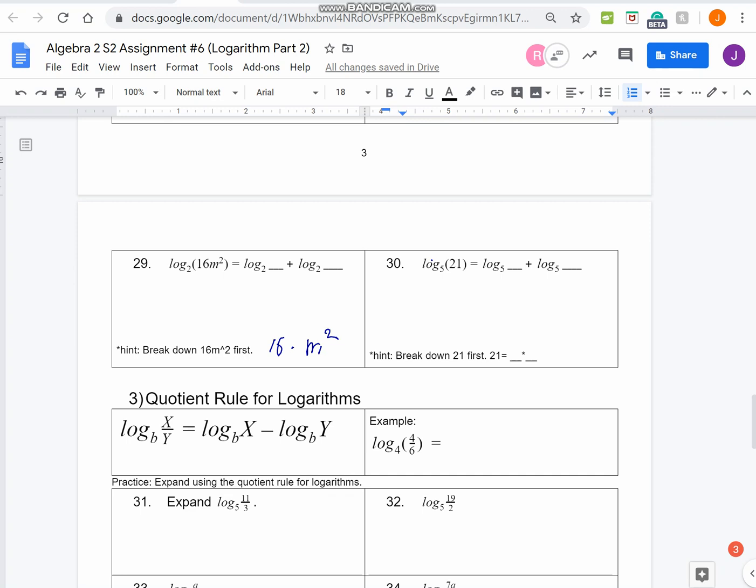Okay, so first thing that I can do is break it down into log base 2 of 16 plus, again, the product rule is plus in the middle, and log base 2 of m to the second power. If you want to go a little more, then you can bring this 2 to the front as well. So final answer would be log base 2 of 16 plus 2 log base 2 of m.